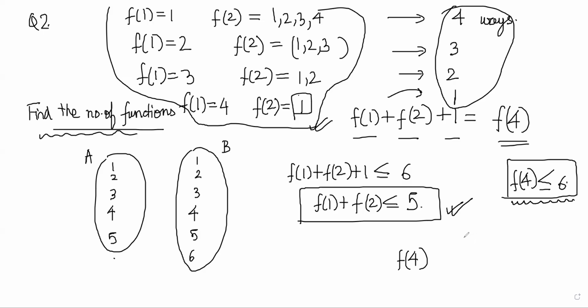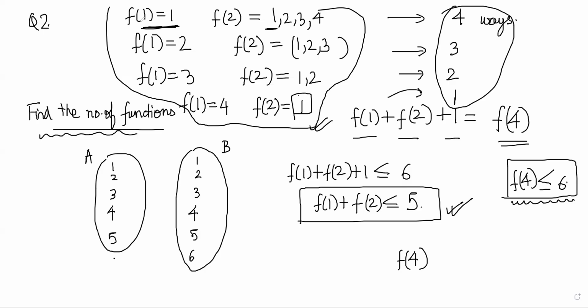Correct. So f(4) has 6 ways, no? Let me think, one second. See, once you have fixed a particular value of f(1) and f(2), you will get the value of f(4), no? Do you understand what I'm saying?